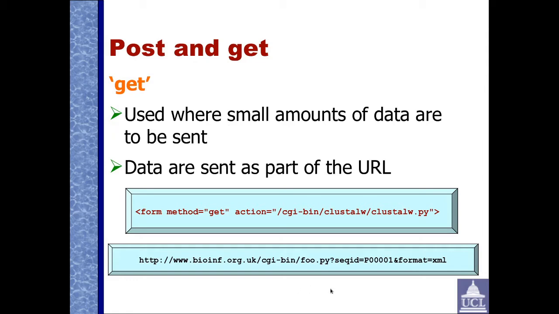So you may well have seen long, complicated URLs which have a starting section, then a question mark, and then sets of keys and data. So key equals data, ampersand, key equals data, ampersand, and so on. So when you use a form with a method of get, the data that are sent from the form get appended to this URL in this sort of format.